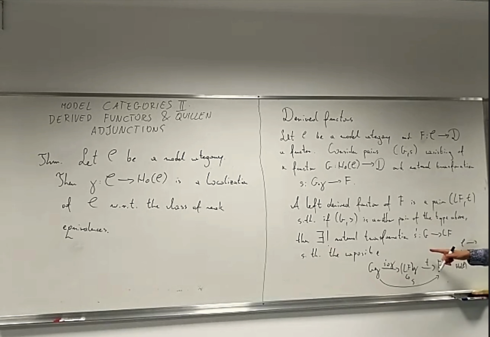Here we have F to some other category D. Okay, so this is the left Kan extension. It's like homotopical limit functors. If F is the limit.